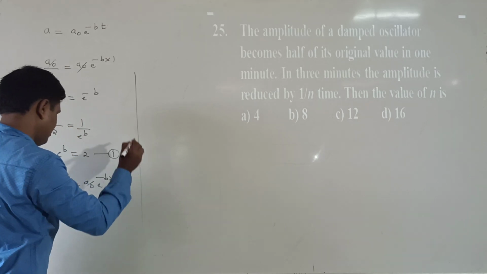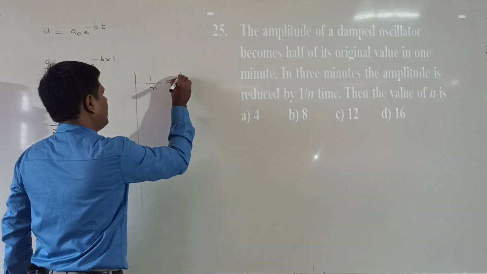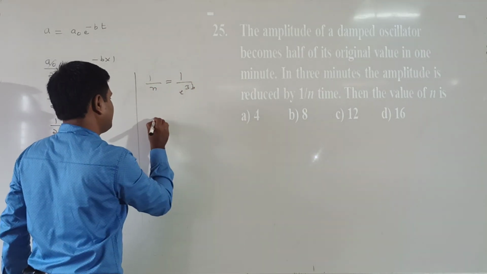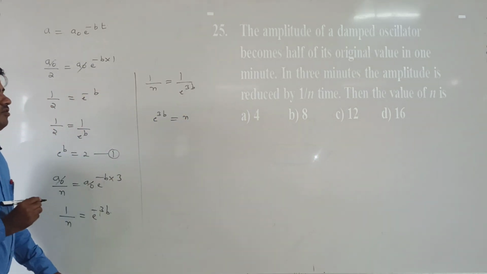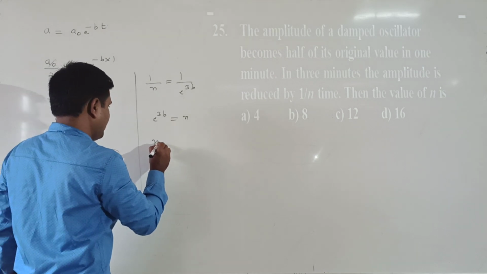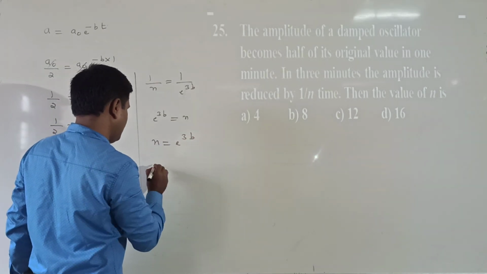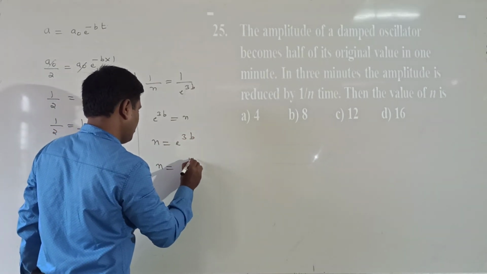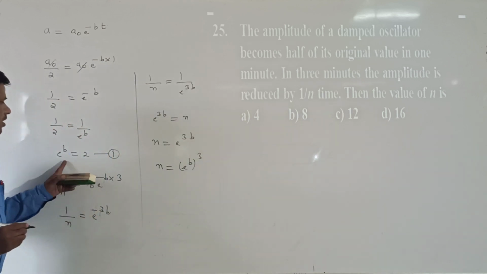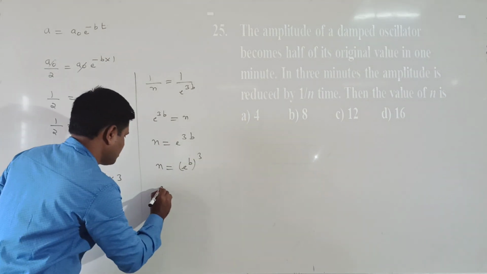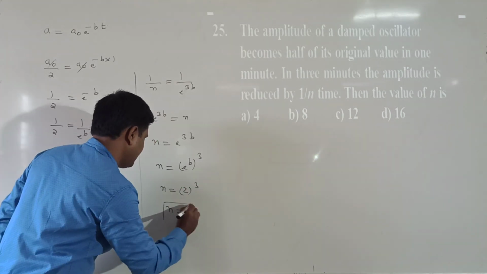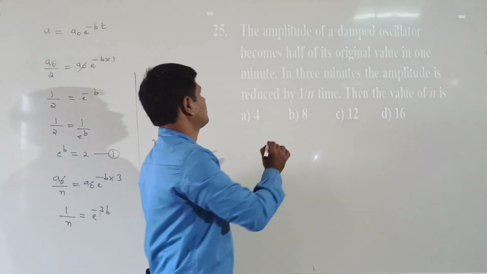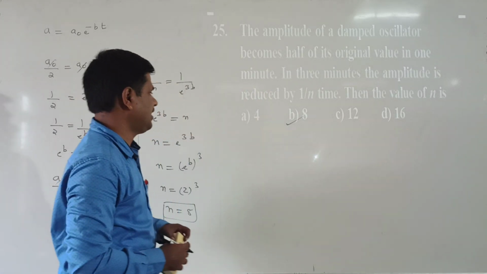Same here, 1 by n is equal to 1 by e to the power of 3b. Cross multiplication gives n is equal to e to the power of 3b. The n value is required. N is equal to e to the power of b, whole cube. But e to the power of b is equal to 2 from equation 1. So 2 cube, and n value is equal to 8. N is equal to 8. Which option is correct here? B option is correct.